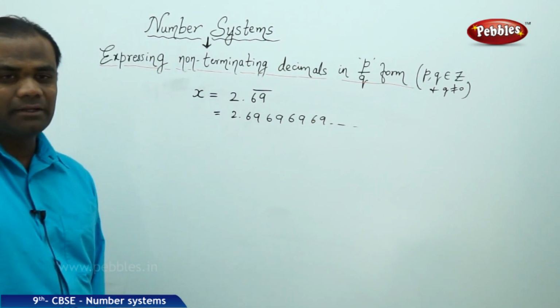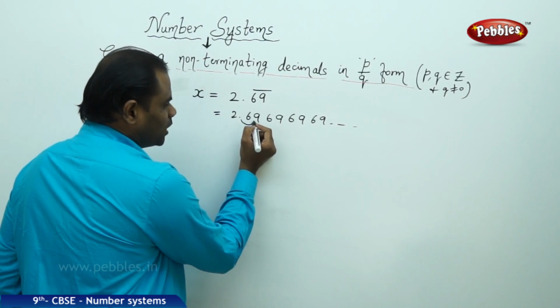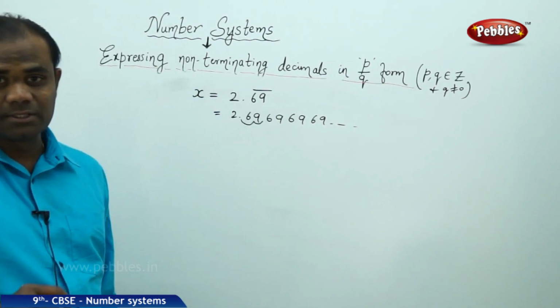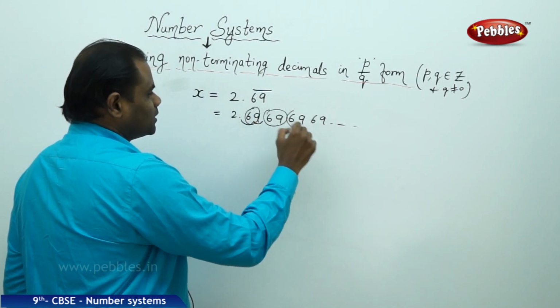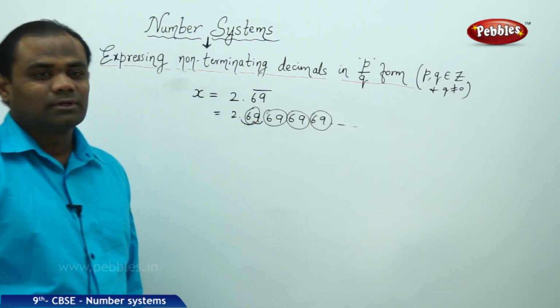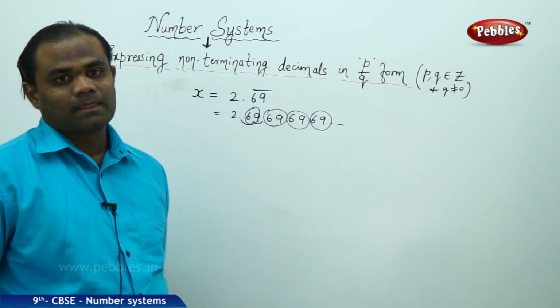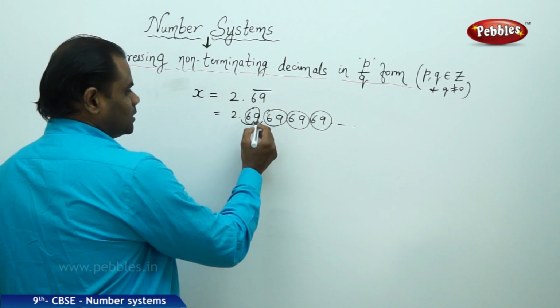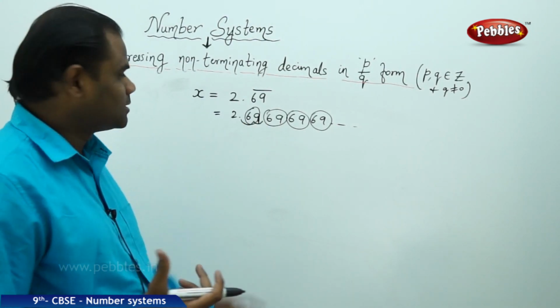And the secret behind this is to shift the decimal not by one place but by 2 places, because it is the repeating number which is taken into account every time we convert the non-terminating decimal into p by q form.